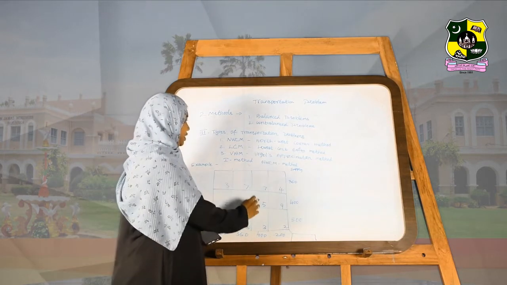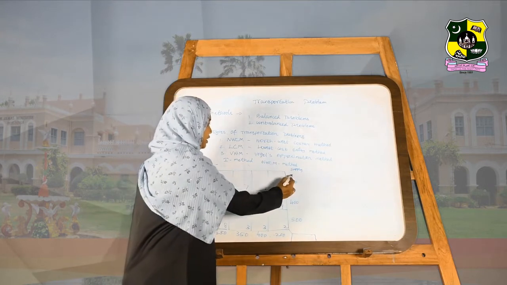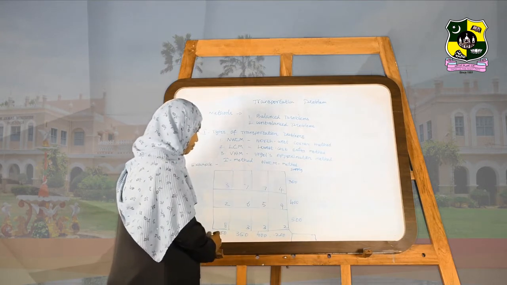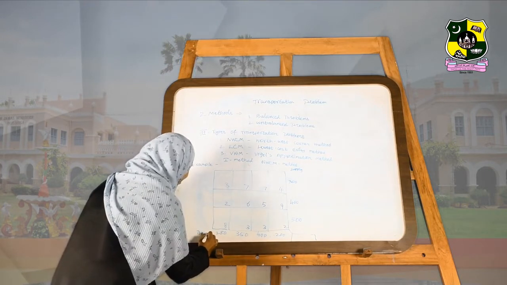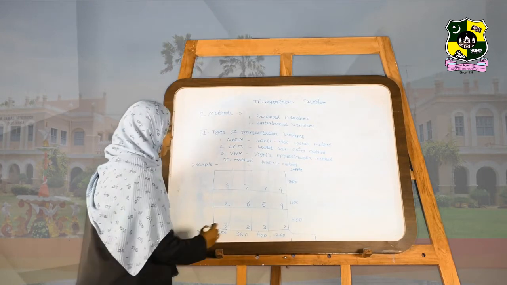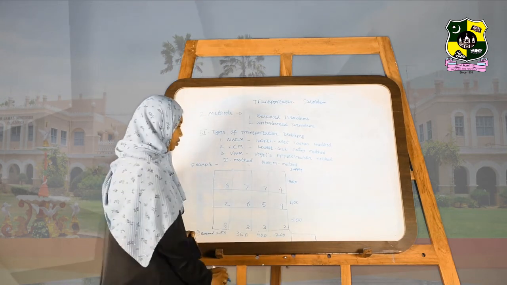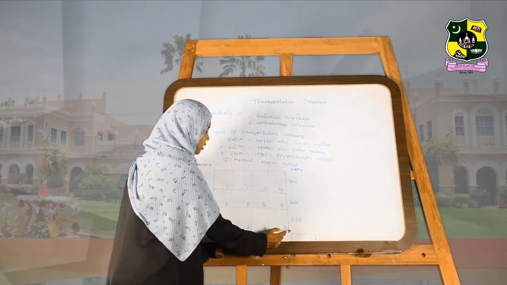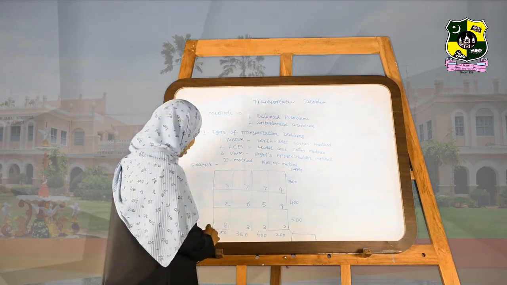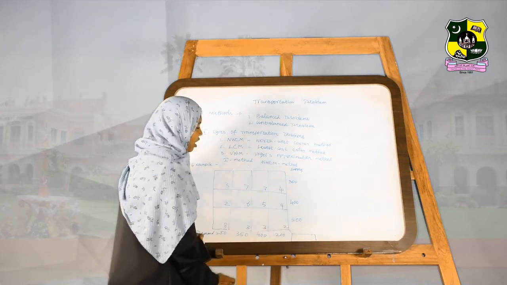First step: to solve the transportation problem, check the supply value and the demand value, and see whether the problem is balanced or unbalanced. Add all of the supply values and all of the demand values and check whether they are equal.